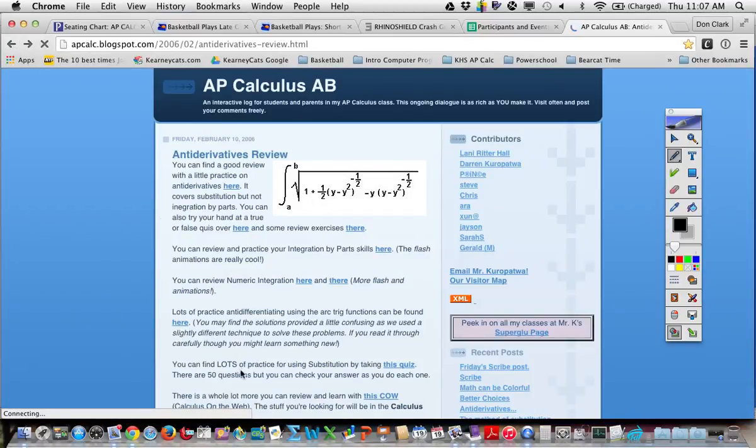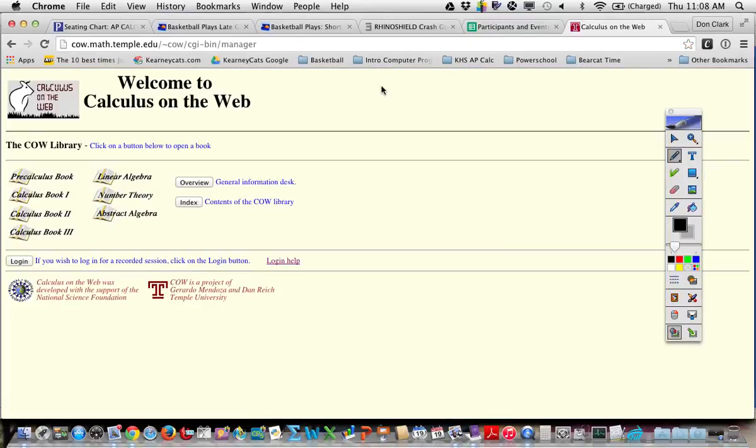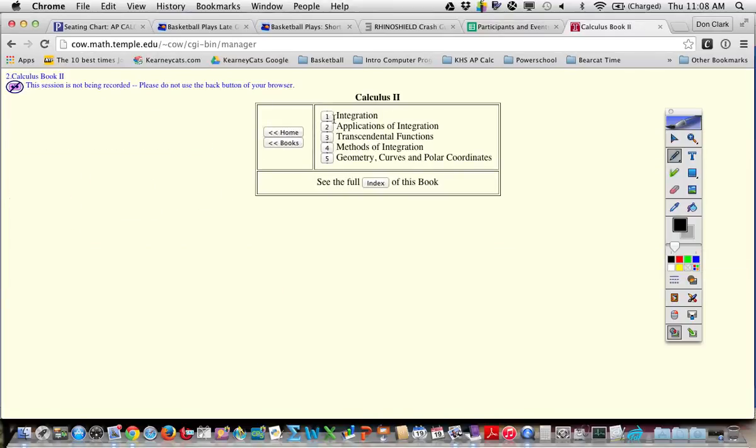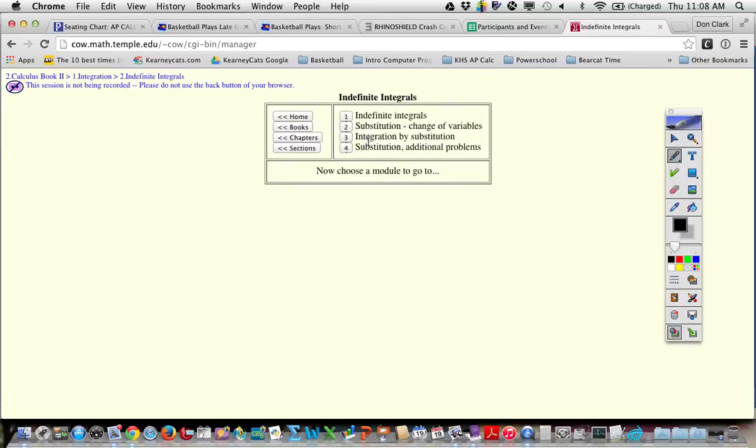Let me see if there was another place. It covers substitution, not integration by parts. Indefinite integrals.